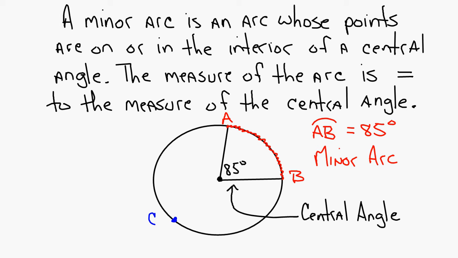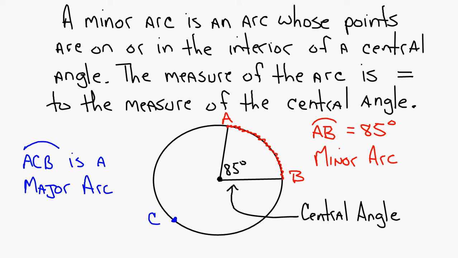Call it C. If AB is a minor arc, then arc ACB is a major arc. A minor arc is an arc whose points are on the interior of the central angle. Major arc, exterior of the central angle.